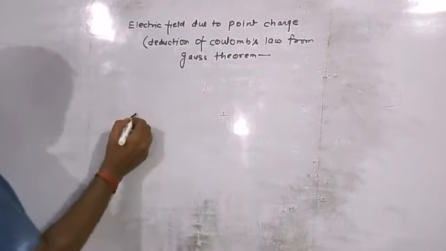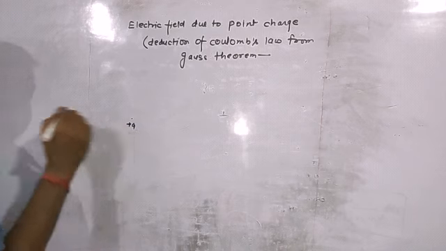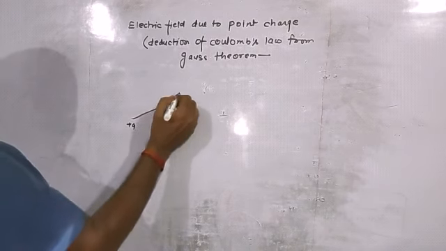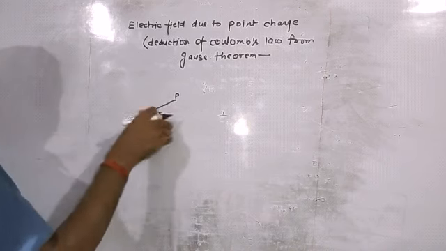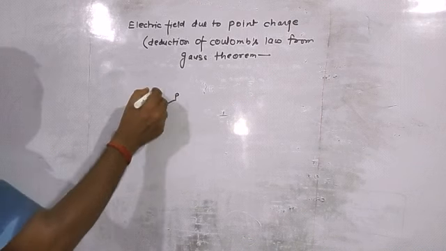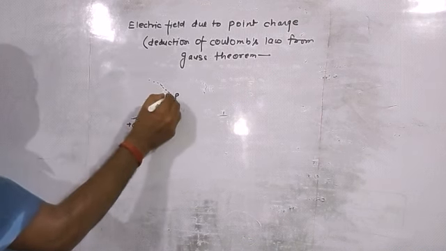For this, let us consider a point charge plus q is placed, and at r distance we have to calculate the electric field. This is point P. We have to find the electric field at P. So taking r as a radius, we will draw a Gaussian surface.